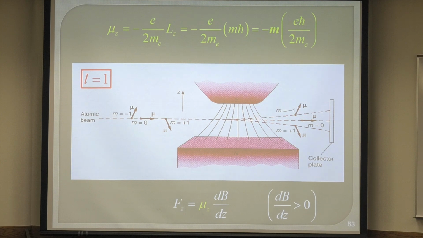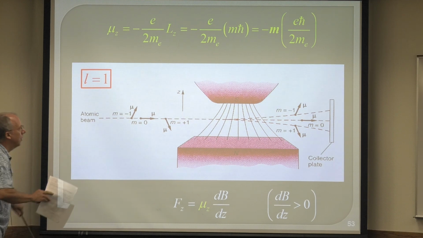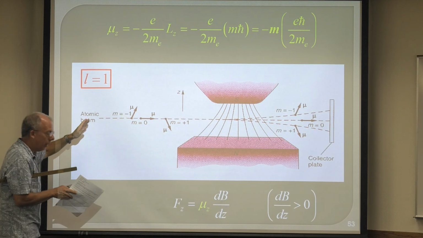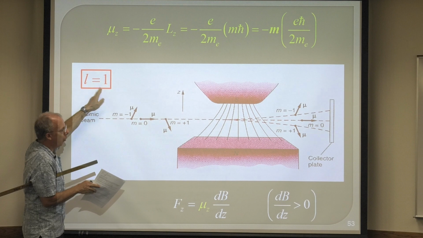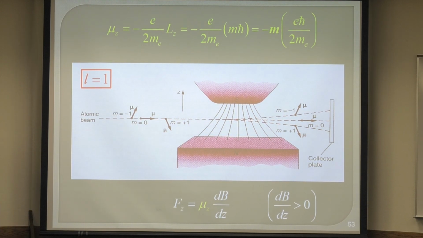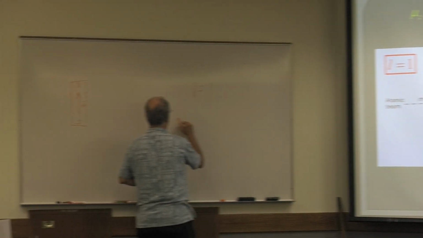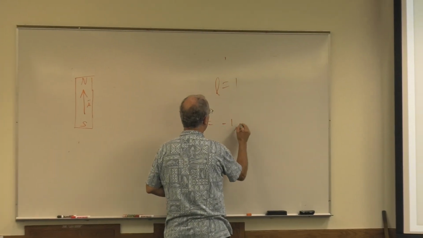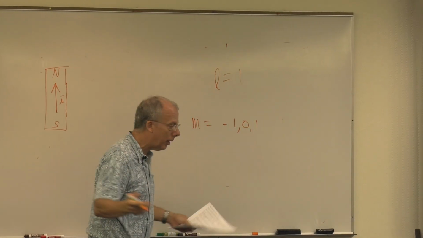Let's just consider an electron in the L equals 1 state. If L equals 1, that means m goes from -1, 0, 1, so 3 possibilities.